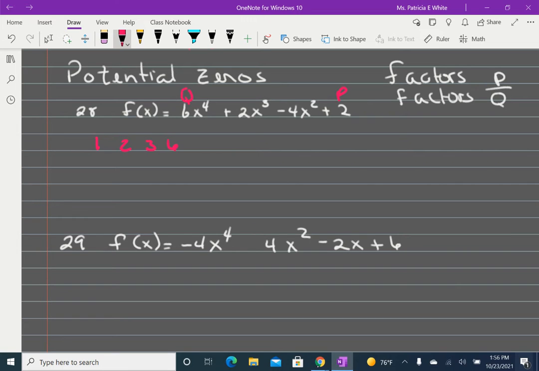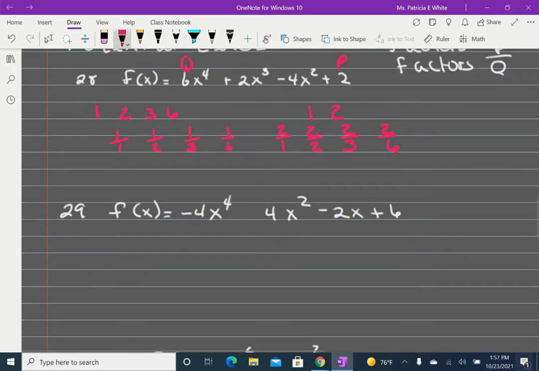My factors of 2, 1, and 2. So I've got to put all of my factors of p over my factors of q. So I have 1 over 1, 1 over 2, 3, and 6. 2 over 1, 2 over 2, 2 over 3, and 2 over 6.